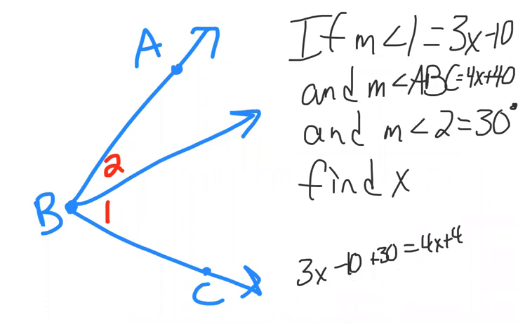So the problem with how I put my numbers is that you're going to get a negative value for x, which is not necessarily wrong, but it is wrong if you plug it back in and it turns an angle into a negative. So what I need to do is change it, instead of angle 2 being 30, let's make it 80. And then I think this should work. Sorry about that.